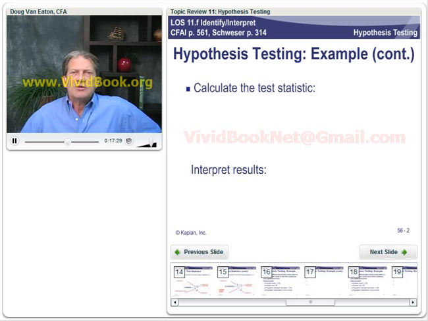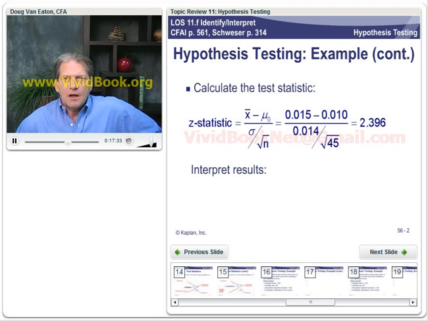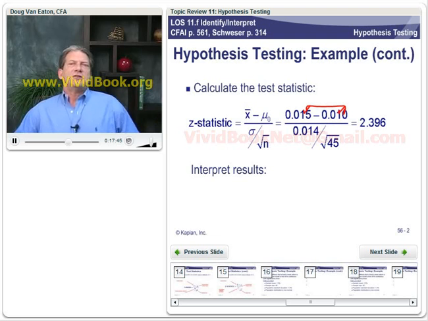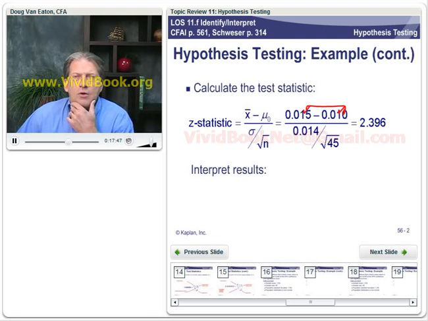So let's calculate our test statistic here. Well, our sample mean was 1.5%. Our hypothesized mean is 1%. So that difference is 0.5%. So now the question becomes, is that a statistically significant difference? Well, what we need is the standard error of this mean.